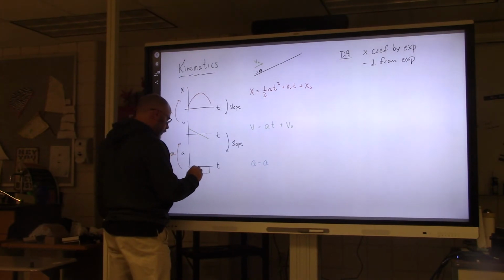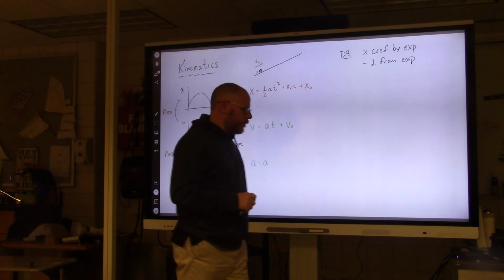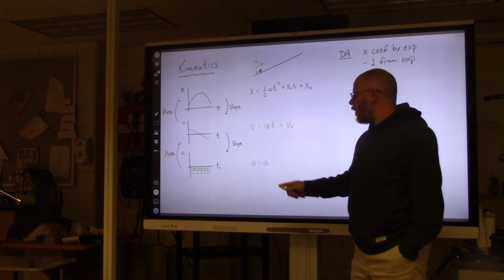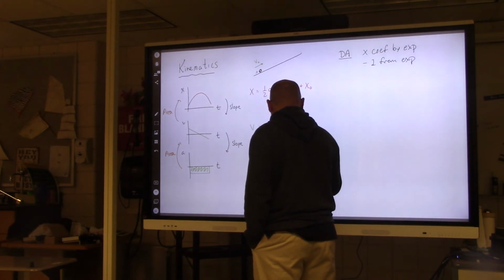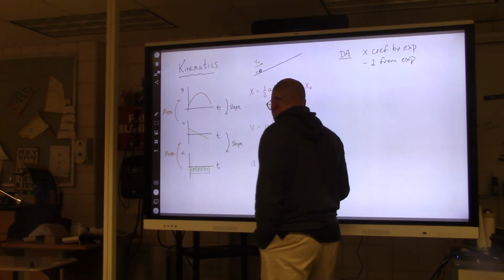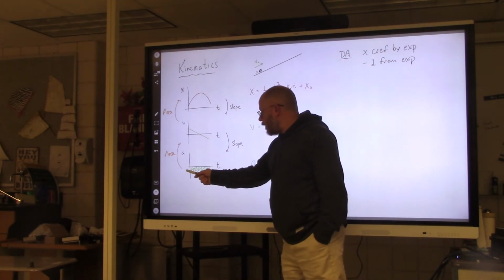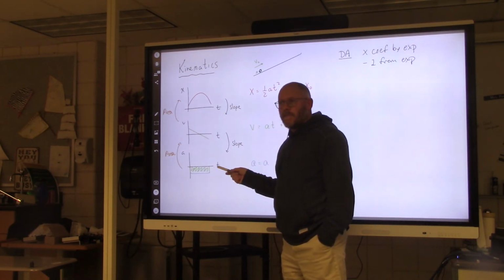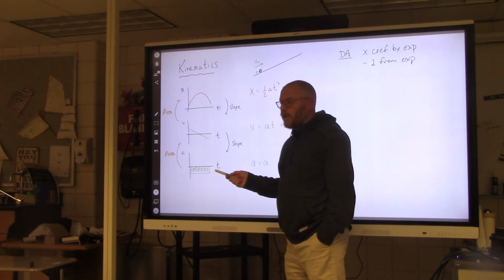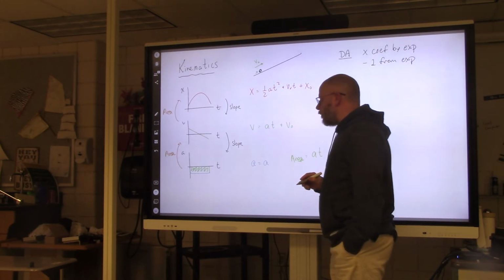If I drop this down and shade this area here, what is that area going to give us? Velocity. So, kind of. What it gives us is the acceleration is the height and the time is the width. It's just a rectangle, right? A times t. So that area is going to be equal to AT.